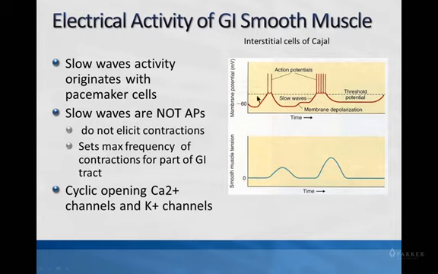And the pacemaker cells are what we call interstitial cells of Cajal. And the slow wave activity is this cyclical change in the membrane potential. But the slow waves do not create muscle contraction. They are not action potentials. They're just the cyclical fluctuation of the resting membrane potential.